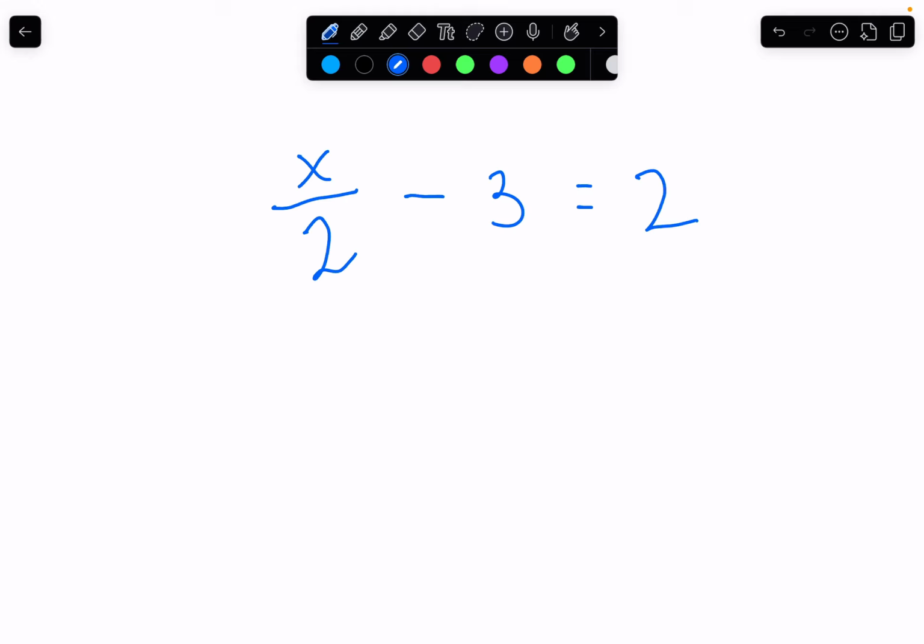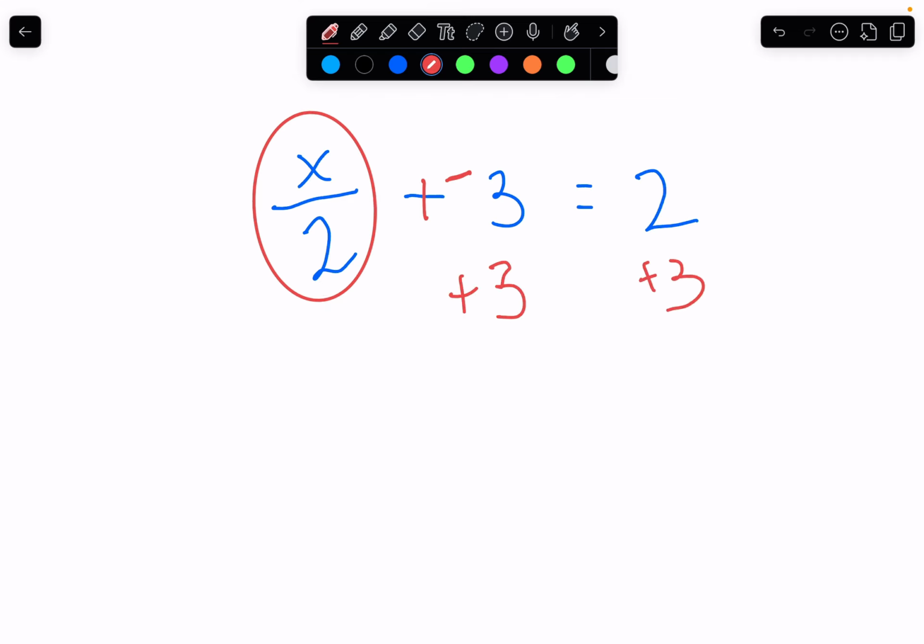All right, now we've talked about in class how we like to change this subtraction to plus a negative, if I want to get this term by itself. So I'm going to get rid of everything else. So this negative 3 has got to go. So how do I get rid of a negative 3? Well, let's add 3.